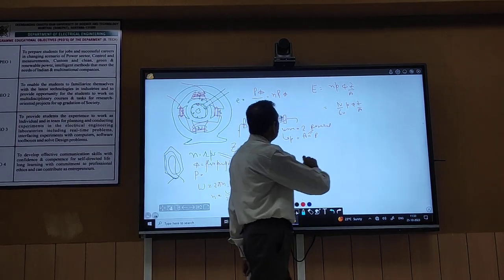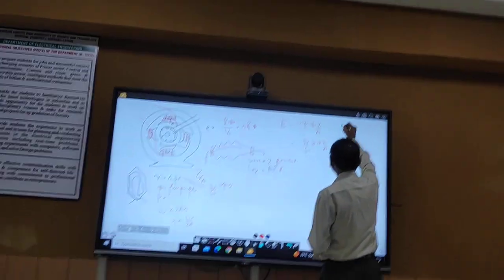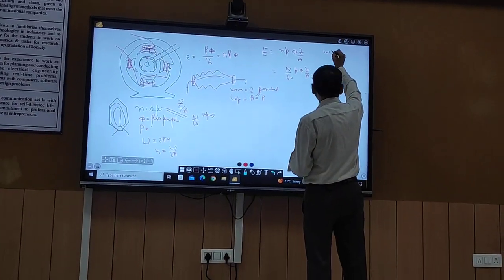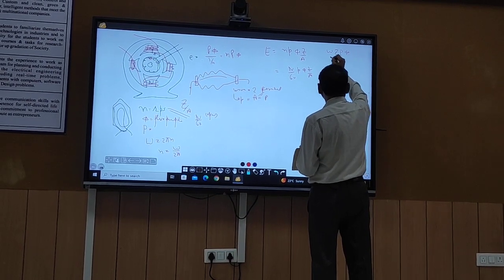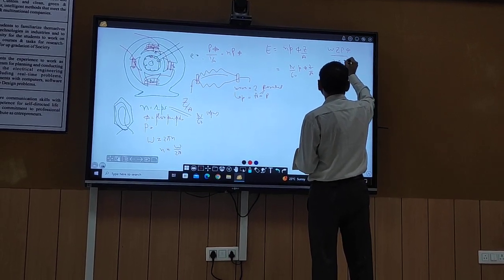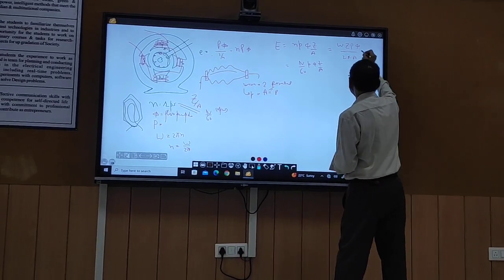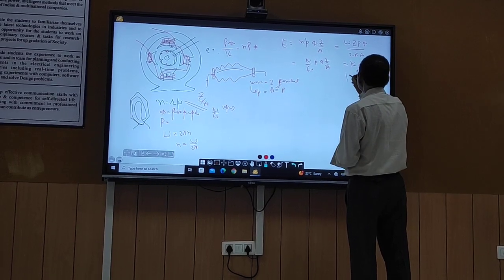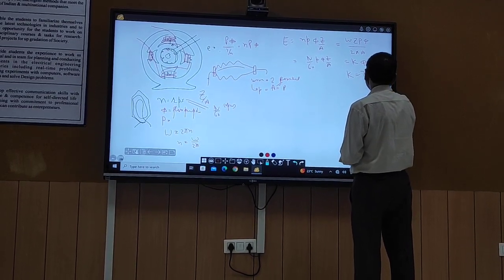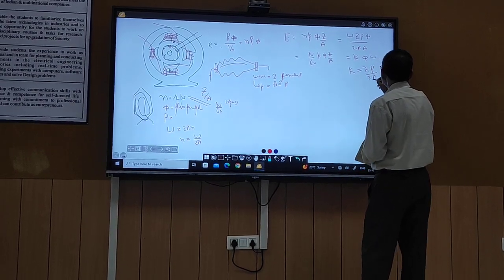Then it will be omega Z P phi over 2 pi A. So this can be written as K phi omega, where K is equal to Z P by 2 pi A.